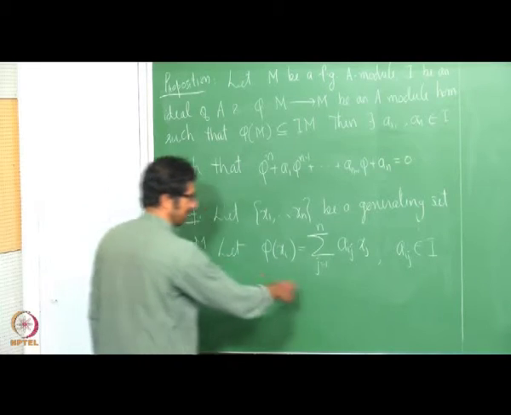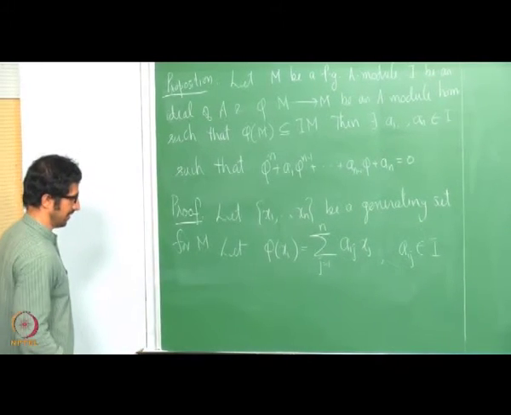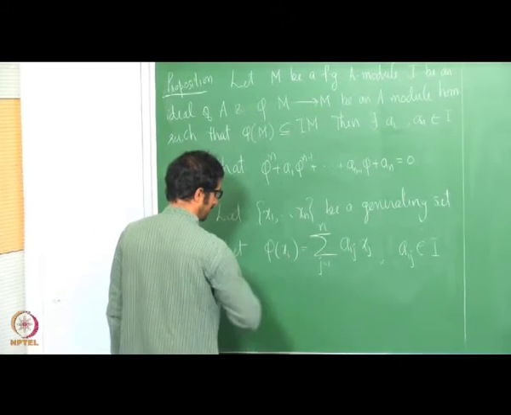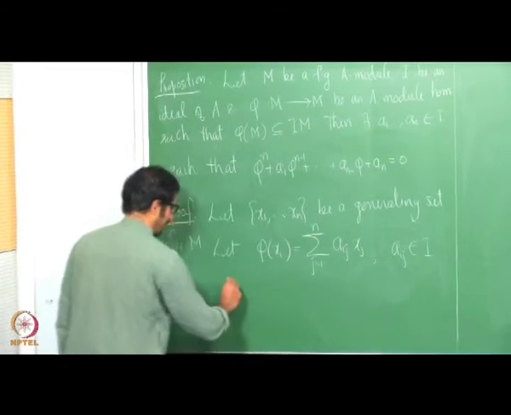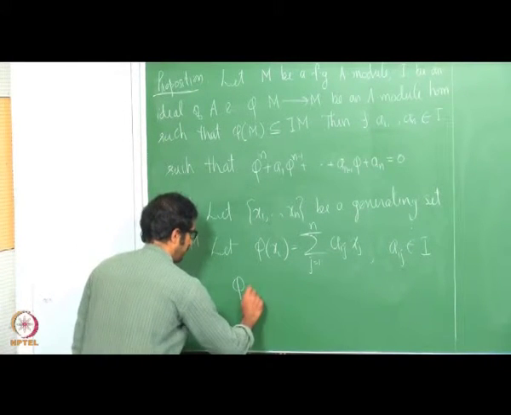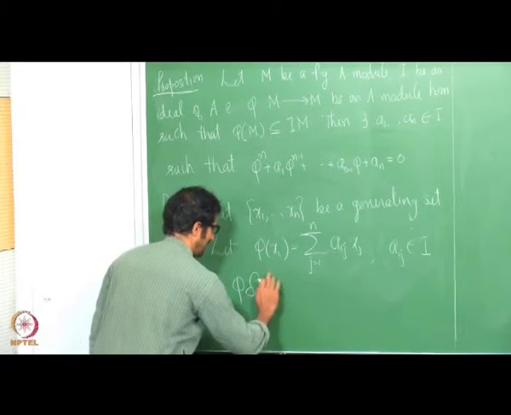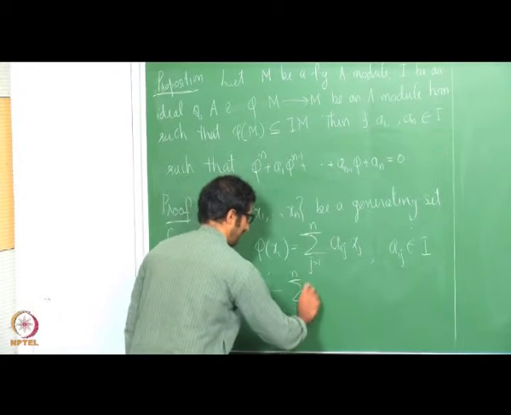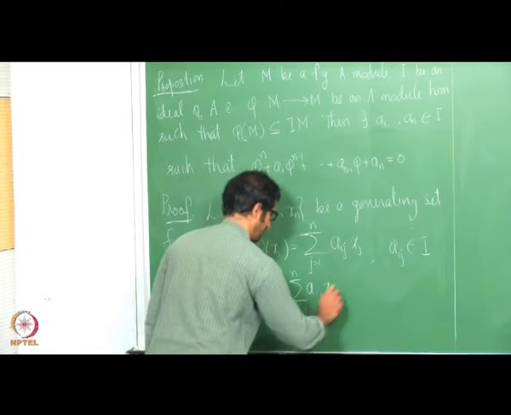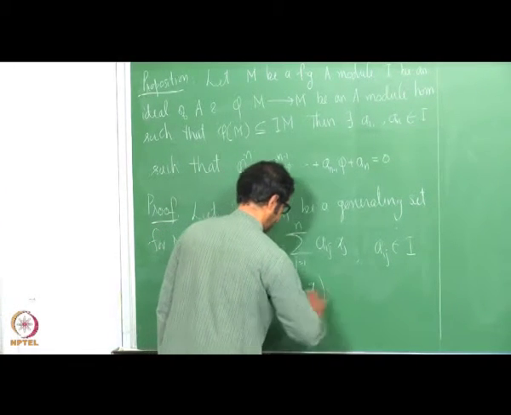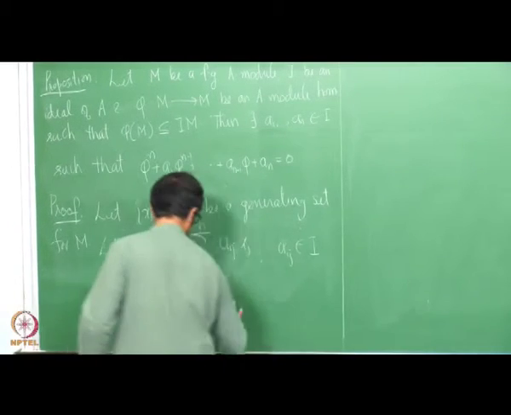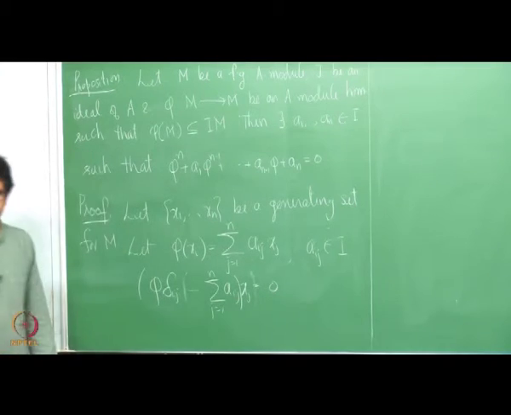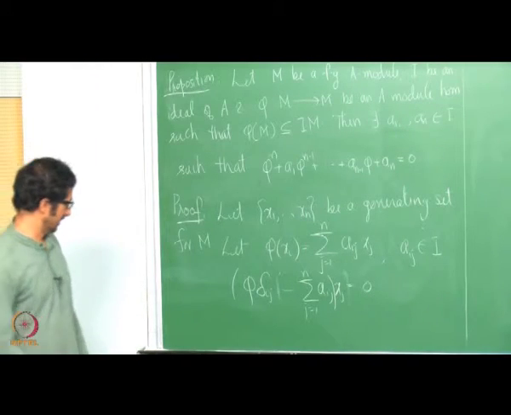So I collect all these expressions and write this as summation j from 1 to n of (phi delta ij minus aij) xj, which is 0, right.